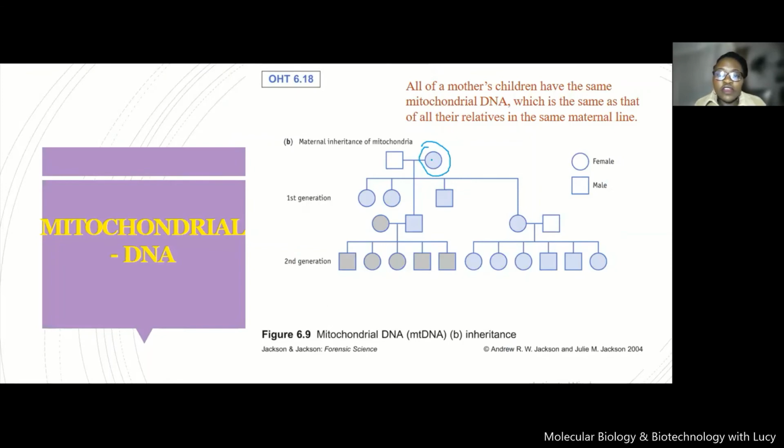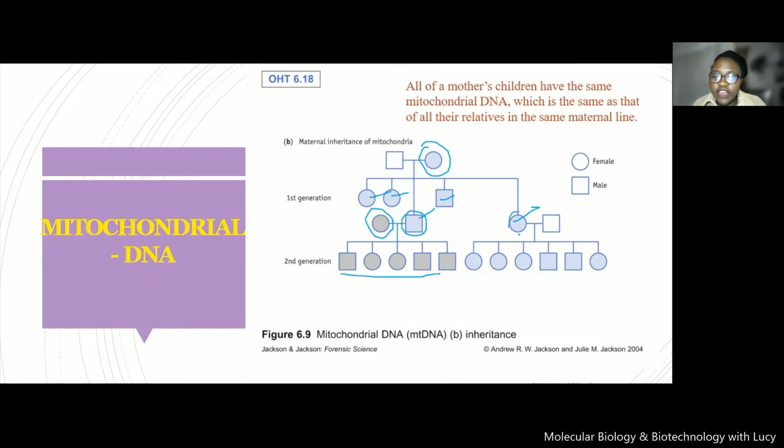So the mitochondrial DNA in this lady is going to be transferred into all her 5 children. And then in the second generation, if her son marries another lady, then the DNA from the mother, in this case mitochondrial DNA, will not be transmitted because now this is a paternal lineage. So only the new mother is going to transfer now her maternal DNA or mitochondrial DNA.